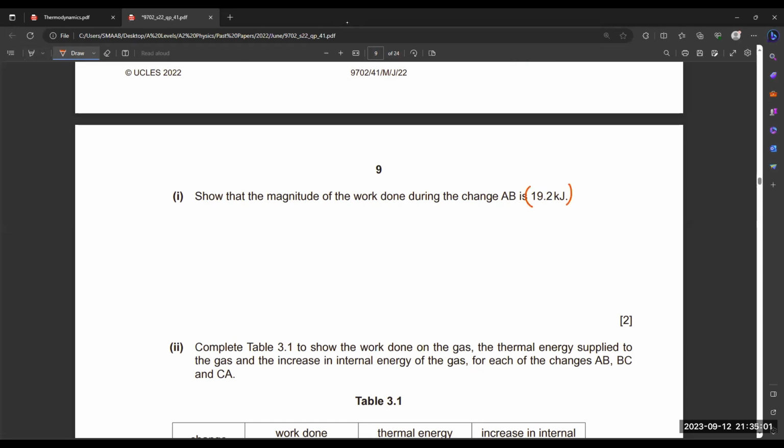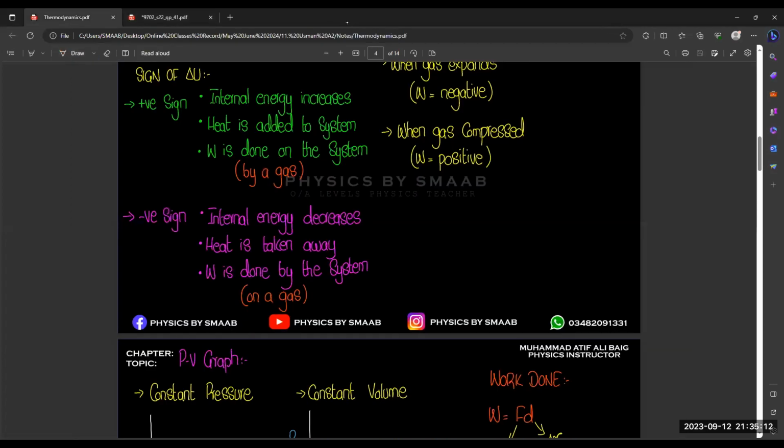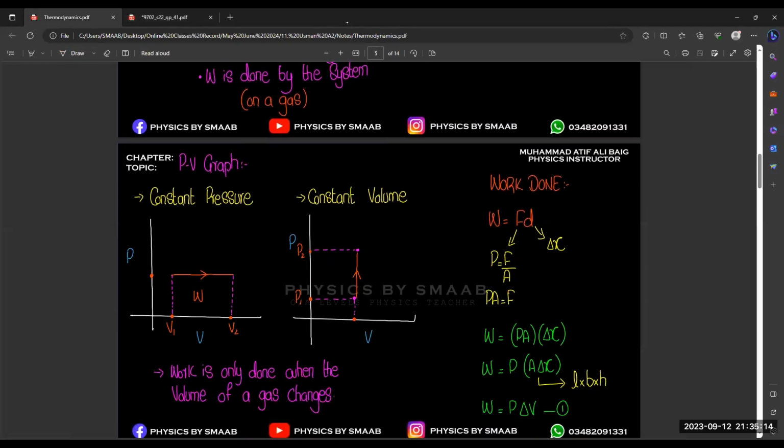So basically, first of all, you need to calculate the work done, right? For the work done, if you remember yesterday we solved the work done. Work done is equal to pressure into change in volume, right? The final simple statement. So we have to use that concept over here.